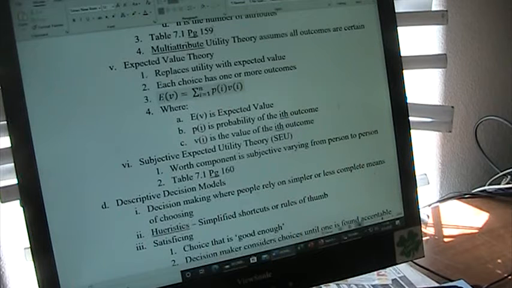So our expected value is the summation from i to n of the probability of the ith outcome times the value of the ith outcome. Again, EV is expected value, P_i is the probability of the ith outcome, and V_i is the value of the ith outcome.